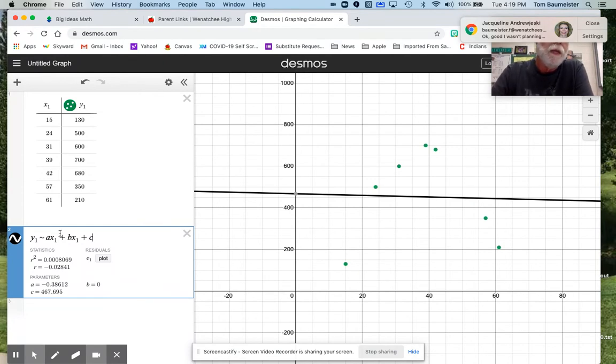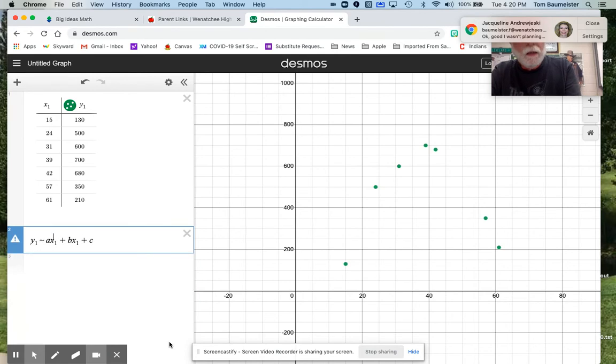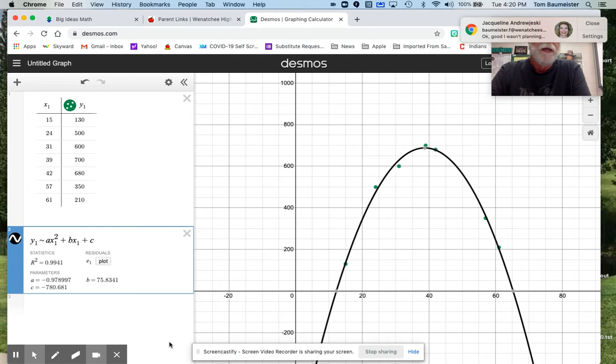So it should be x sub 1, and that should be squared. Let's see if I can do it this way. I have stuff from Screencastify in my way there. Let's see if it'll let me do that. And yep, it did. Now it looks right.